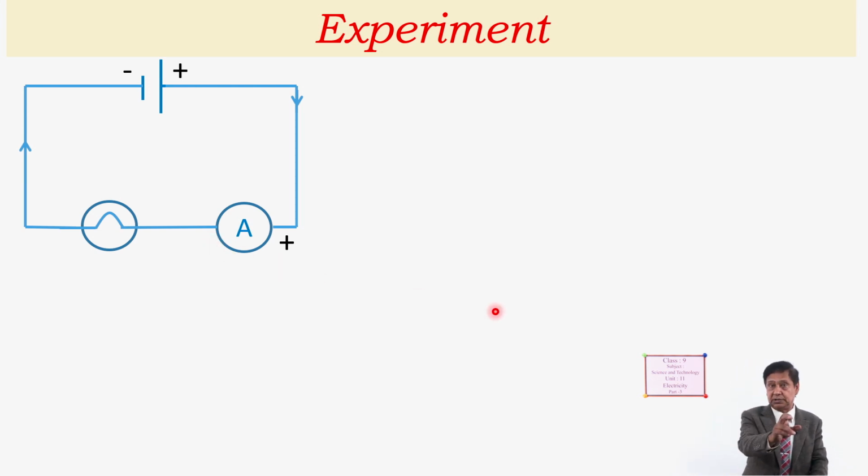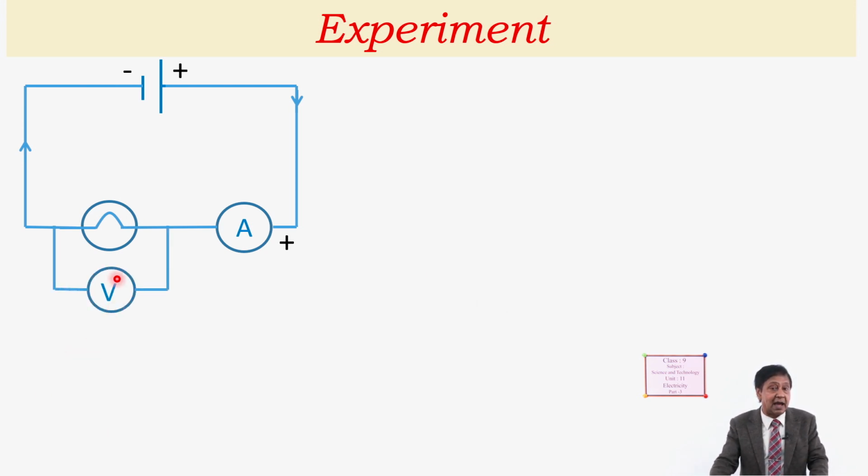Now this ammeter measures current in the circuit, and a voltmeter is connected like this. This type of connection is called parallel connection. The ammeter is always connected in series, but why is the voltmeter used here? To measure the potential difference between these 2 points. I mean to say, the potential difference across this bulb is being measured, and it should be connected in such a way that the wire connected to the positive terminal of the cell or battery is connected to the plus-marked connecting point of the voltmeter, and the wire coming from the negative terminal is connected to the minus-marked connecting point of the voltmeter.